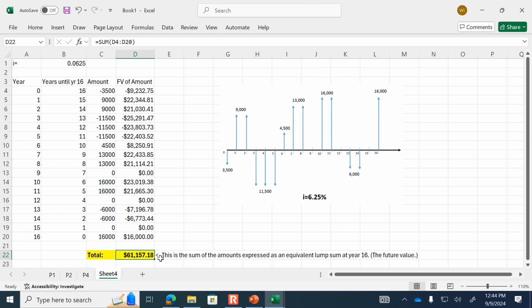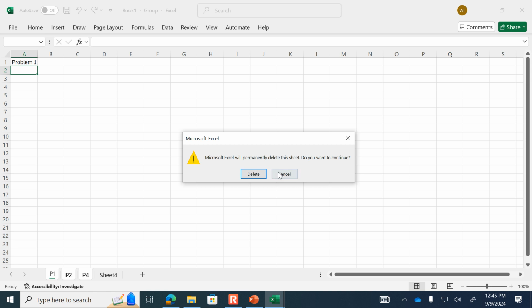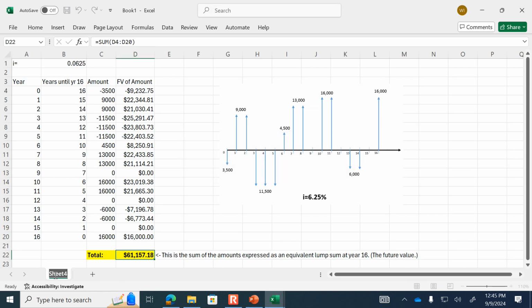So part B says, let's play around with the interest rate to find out what would the interest rate need to be to make this amount 100,000. So I'm going to create a copy down here. So let me delete these earlier pages, and I'm going to call this in-class exercise 9, problem 2, part A. Okay, and I can right-click on it.